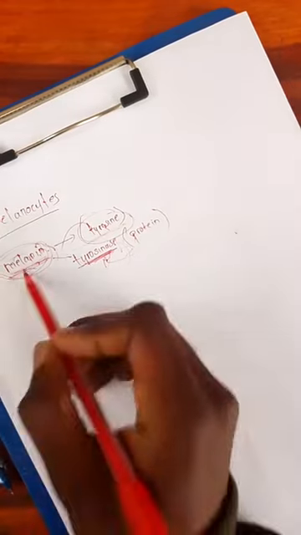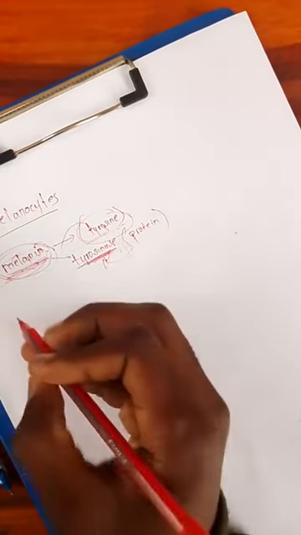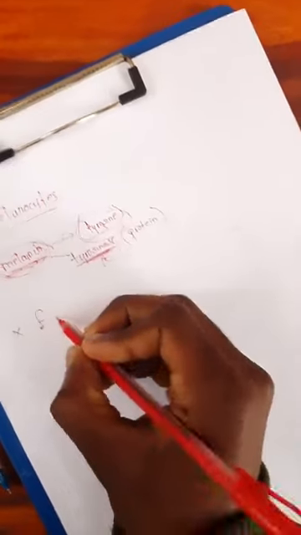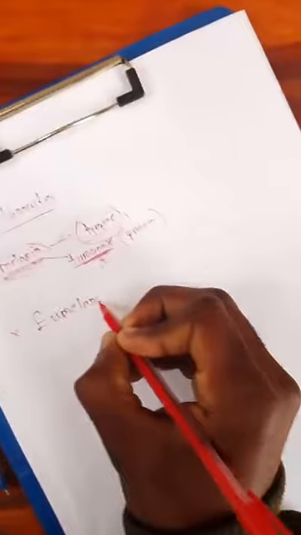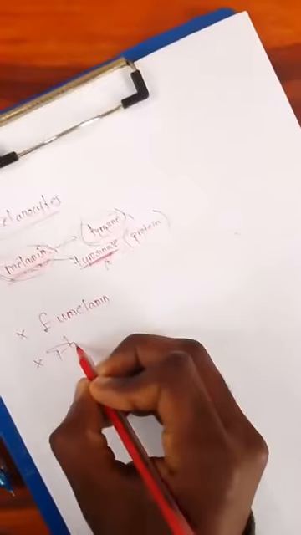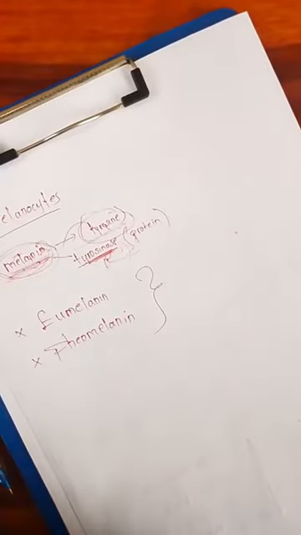Basically, melanin comes in types. It is not just one melanin, but it has many types. We have a type of melanin called eumelanin and pheomelanin. These two types of melanin have their specific areas where they are found.